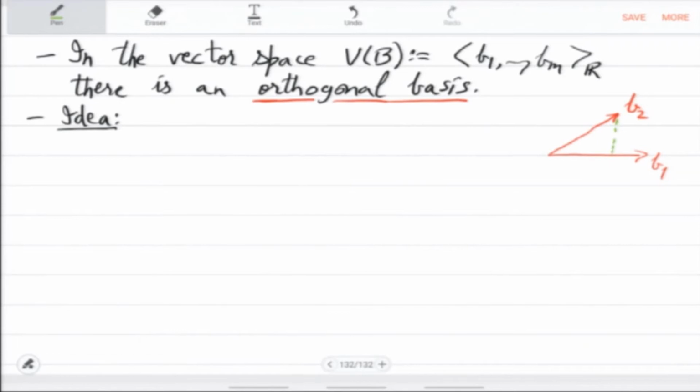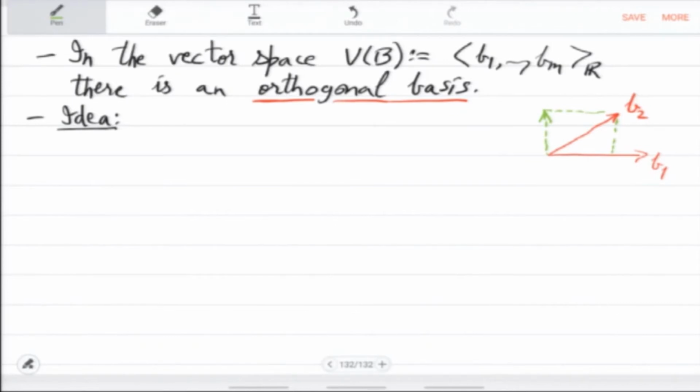Basically look at the component of B2 parallel to B1 and subtract that component. So when you subtract that component, you will get this vector, which is the component of B2 orthogonal to B1.